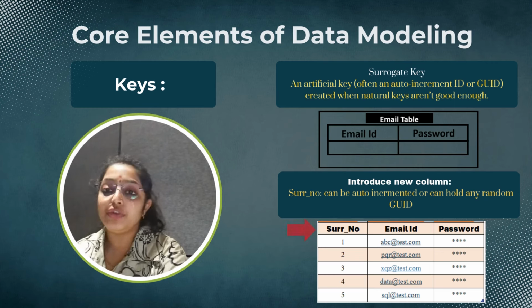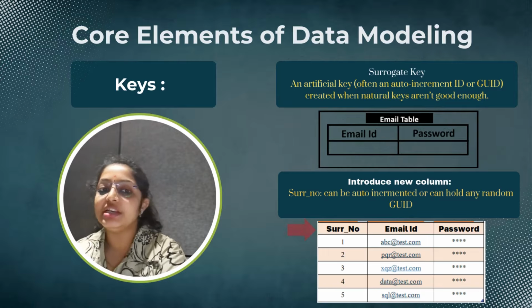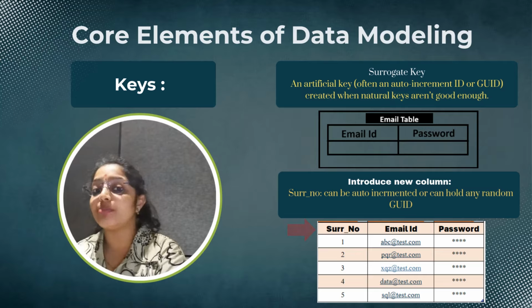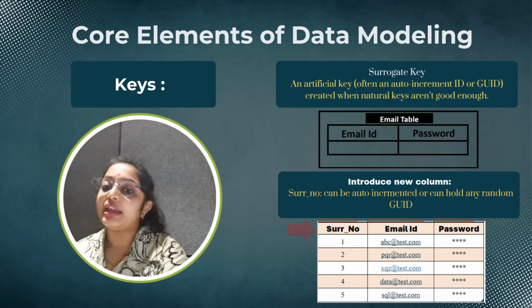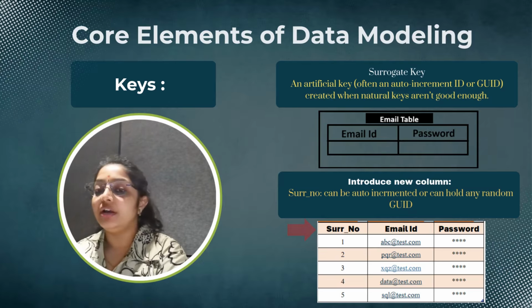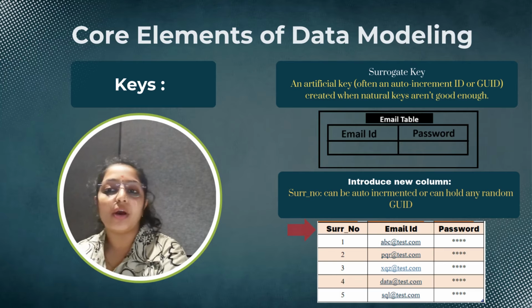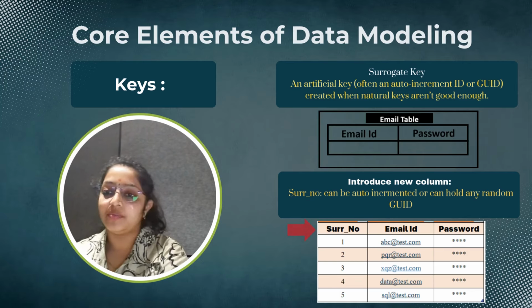So if you create any column in such a way, then we name it as a surrogate key. So instead of making email as a primary key or password as a primary key, I can introduce some GUID column, then I can call it a surrogate key.